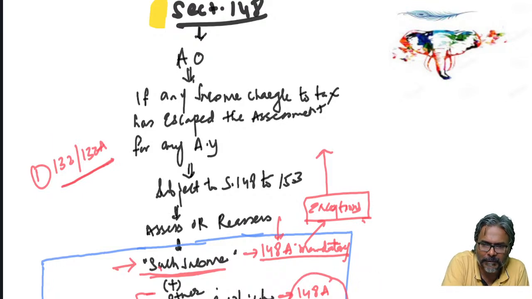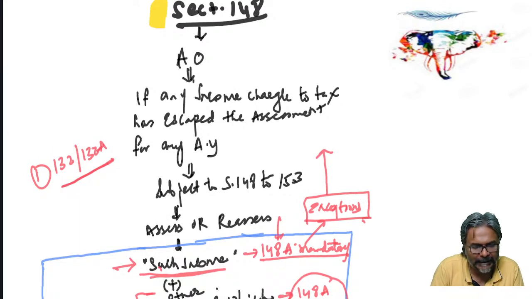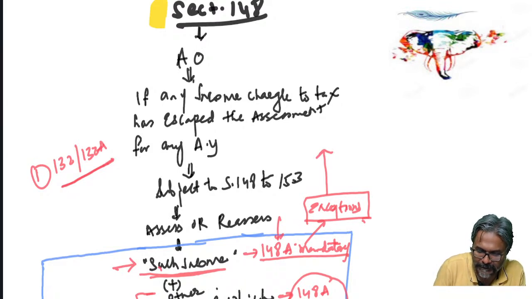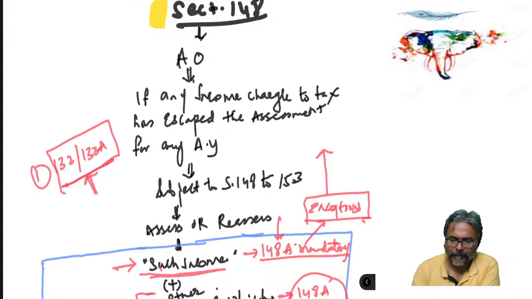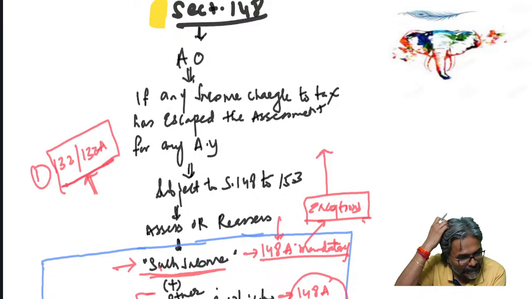So if proceedings have been initiated under section 144 or section 140, or any search proceedings have been initiated under section 147, then in that case, students, such notice will not be required.